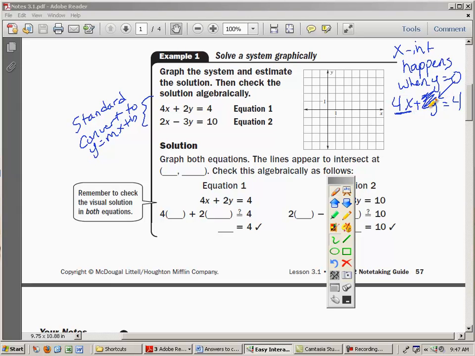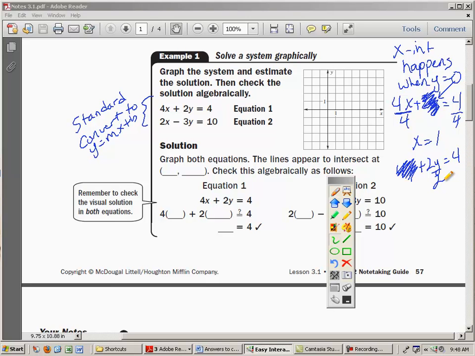So we said kind of cover up that y value, because when I substitute 0 in there, 2 times y is 0. So now I divide both sides by 4, and I get x is equal to 1. To find the y-intercept then, we say 4x plus 2y is equal to 4. And if I want to find the y-intercept, well, the y-intercept is when x is equal to 0.